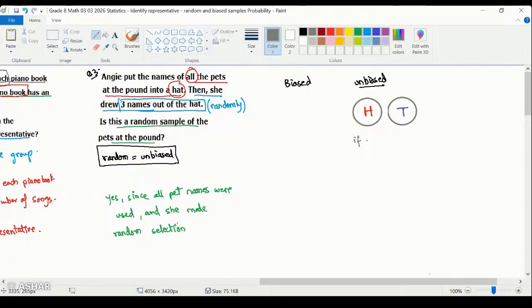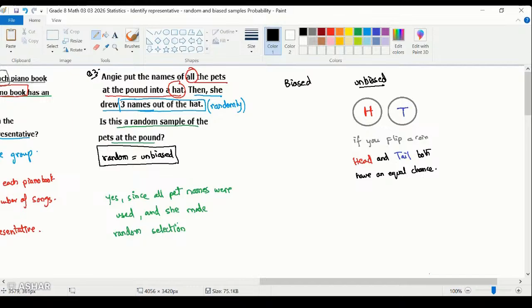if you flip a coin, heads and tails, both have an equal chance, right? When we flip a coin, it can be a head or a tail. It's a 50-50 chance.